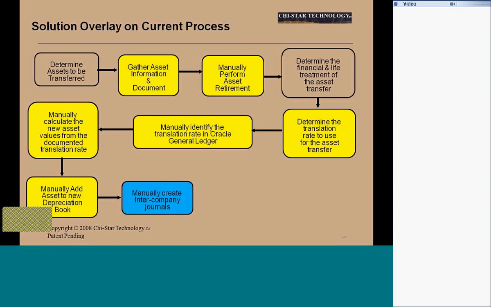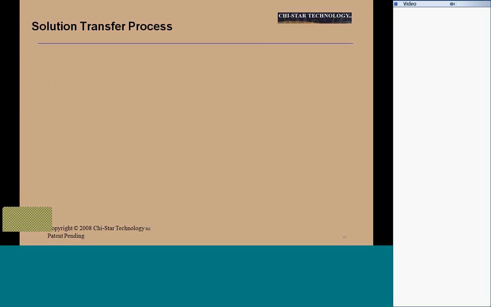The one thing that still would need to happen in the automated solution is a manual journal entry of intercompany, and we're hoping to eliminate that process soon. The one thing that is holding that up from being automated is the lack of Oracle booking accumulated depreciation on new assets. Once that has been resolved by Oracle, this bit could be automated.